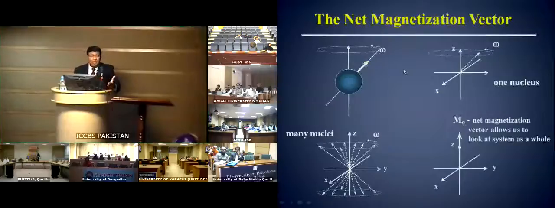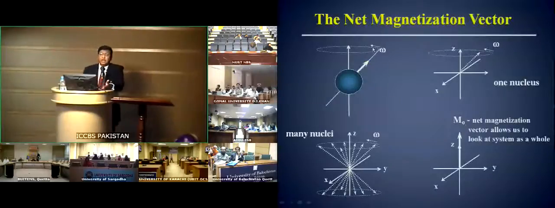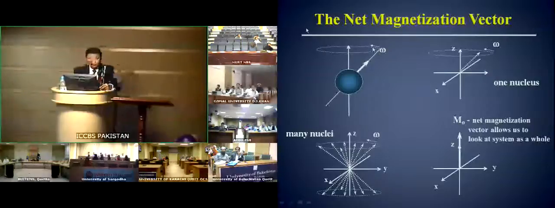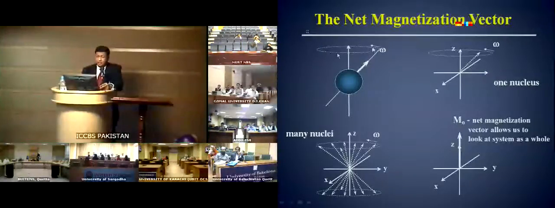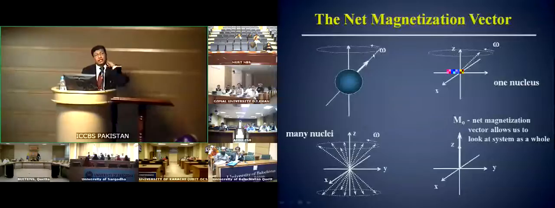Now I want to introduce another very important concept as we move. This is the classical picture representing the so-called vector diagram, and this is called the Bloch vector model.